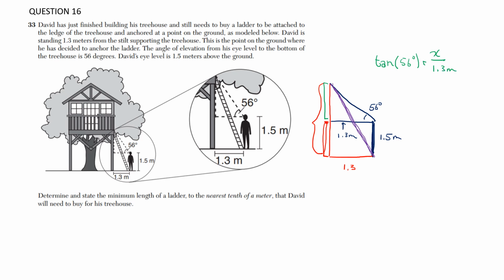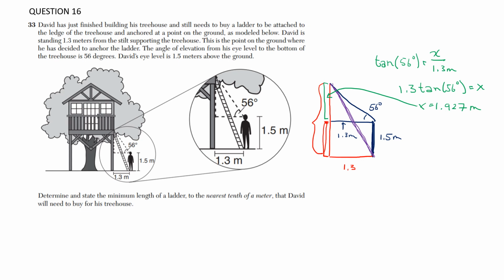And just multiplying both sides by 1.3, x equals 1.3 tangent 56 degrees. And putting that in our calculator, we have x equals 1.927 meters. So now we know the length of this top portion.